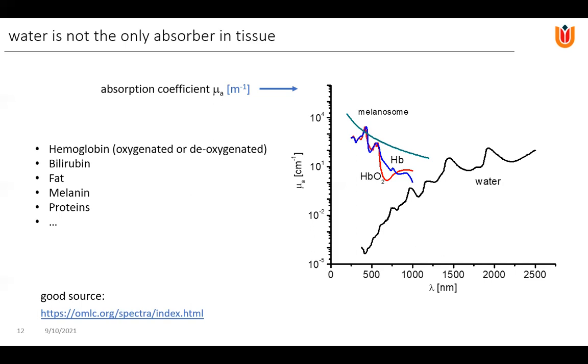And then various other components. So if you look at the absorption spectrum, on the vertical axis the absorption coefficient, and on the horizontal axis wavelength in nanometers, you can see how these different tissue constituents absorb light.